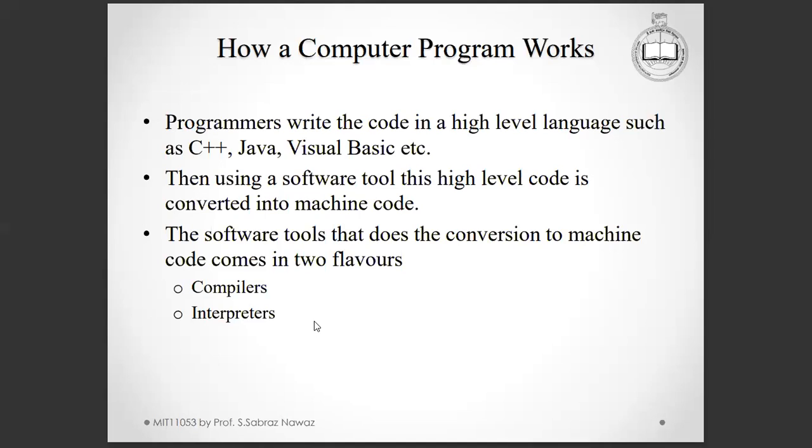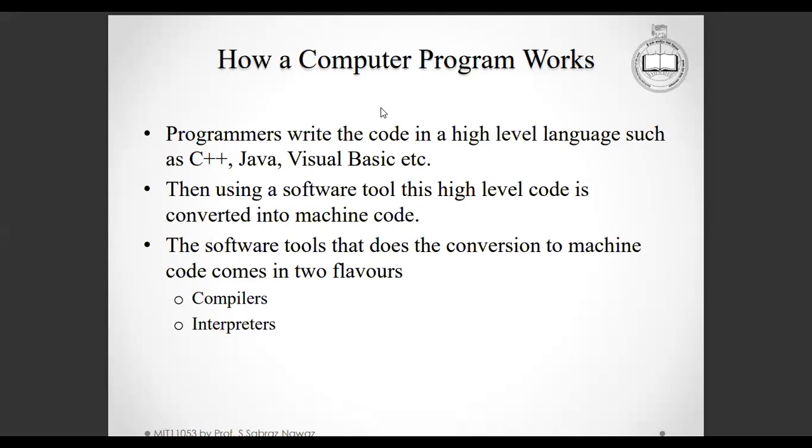How it does that comes in two flavors, as compilers and interpreters. Any idea on what we mean by compilers or what we mean by interpreters? If you have any idea, you can let me know. Tell me what you mean by compiler and what you mean by interpreter.